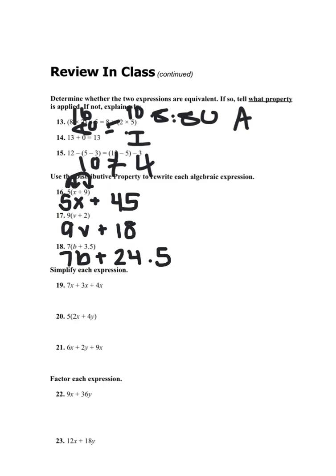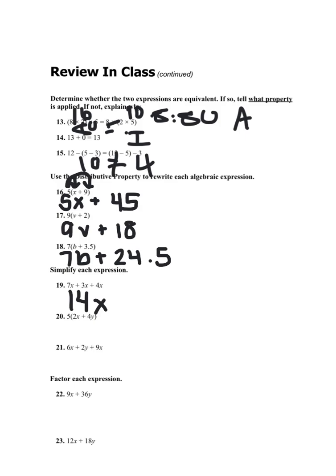Okay, for number 19, we are going to simplify each expression. So for this one, we're just going to be combining our like terms because there's no other numbers in there. So we have 7x, 3x, and 4x, all addition problems. So we'll start by adding 7x plus 3x is 10x, and 10x plus 4x is then 14x as our final answer.